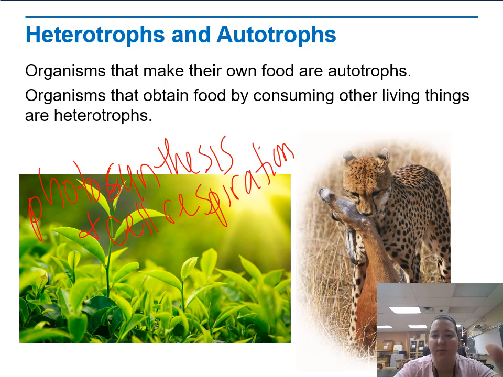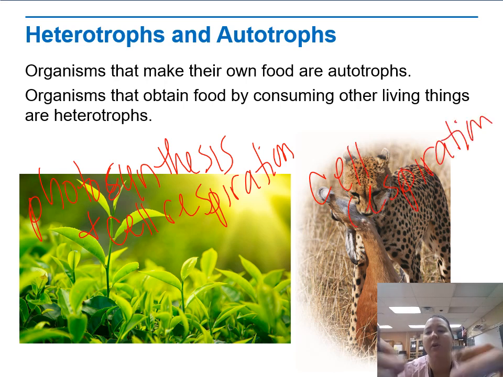Then heterotrophs are eating food to go through cell respiration. That's how we take the carbohydrates and other types of food and make ATP for our body to function.